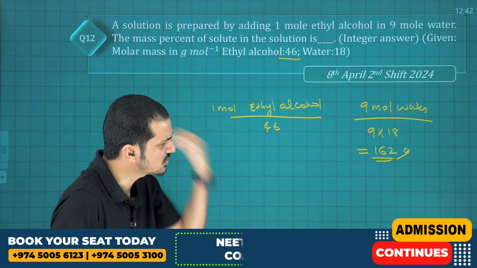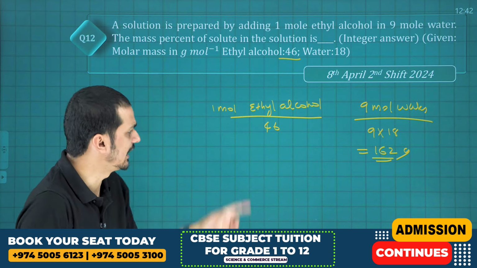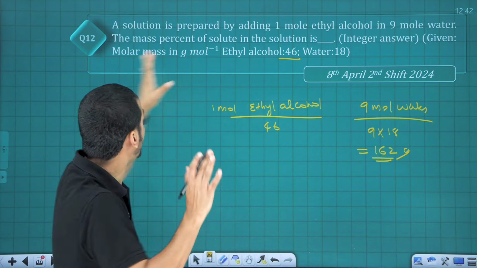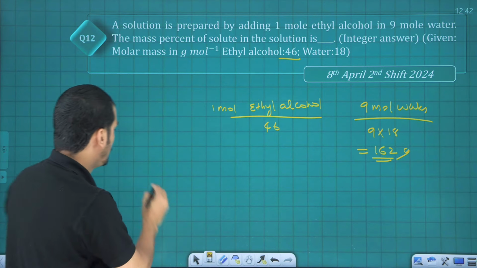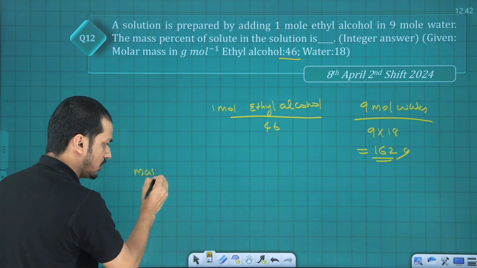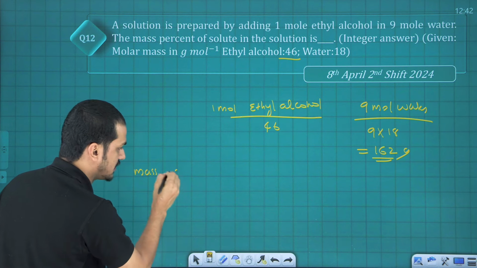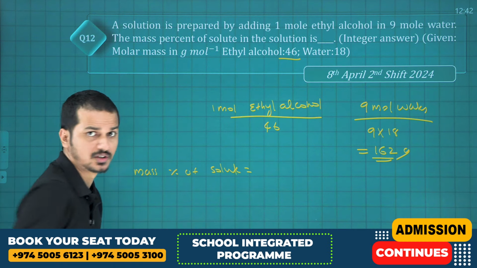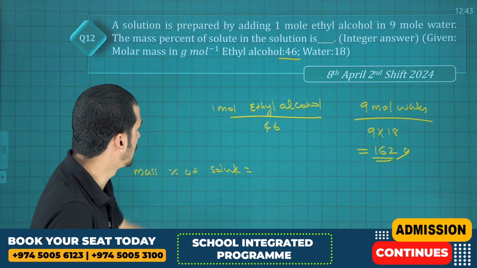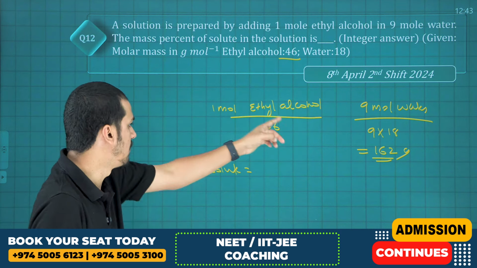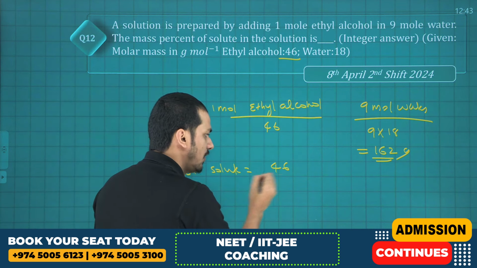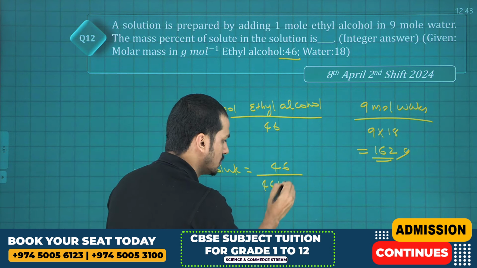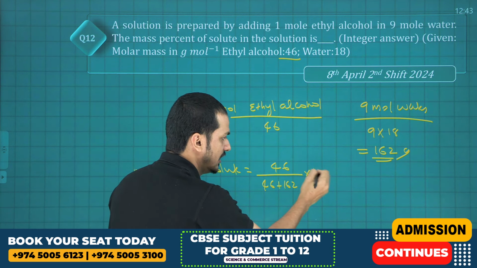Yeah. Next, what we have to find out is the mass percentage of the solution prepared. Mass percentage of solute is equal to mass of solute divided by total mass of solution into 100. Here the solute is ethyl alcohol, its mass is 46. Divided by the total mass, 46 plus 162, into 100.